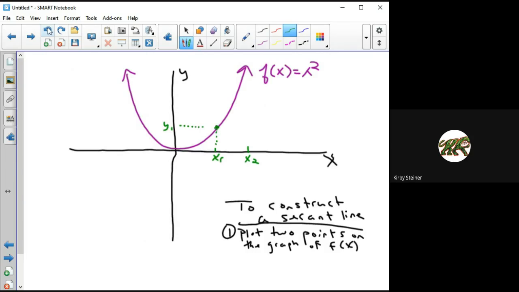Here's that point here. This corresponds to y2. We have a point here. Now we have 2 points. The idea is now to connect these 2 points with a line. So step number 2 is simply just to connect them.